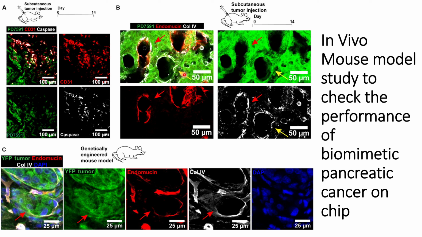Whereas near the yellow mark, we can see that complete ablation of the endothelial cells has been observed, and this can also be seen in this individual figure. So from this they get results that are similar to what they observed in the biomimetic pancreatic cancers on a chip.